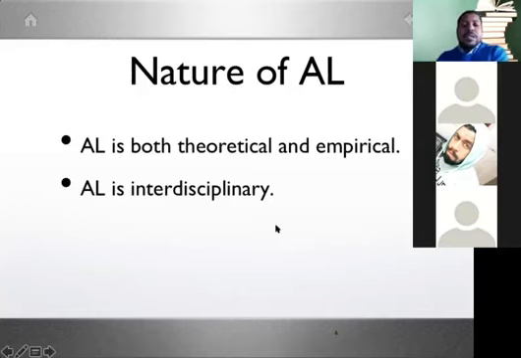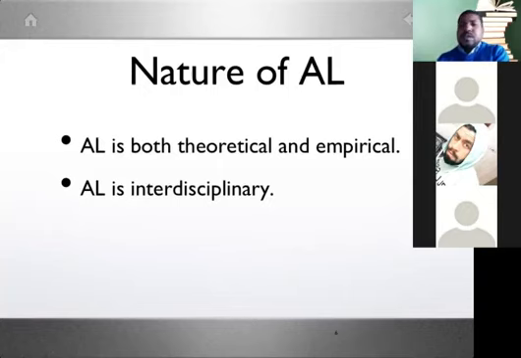Applied linguistics is interdisciplinary. This is important. Interdisciplinary meaning that it coexists with other disciplines. It needs other disciplines. It uses concepts and theories from other disciplines. So that's what we mean by interdisciplinary.